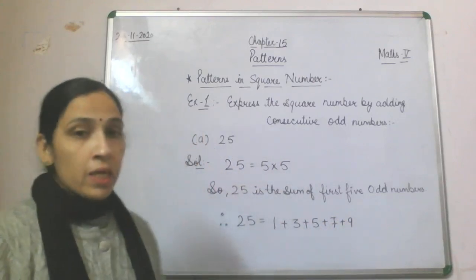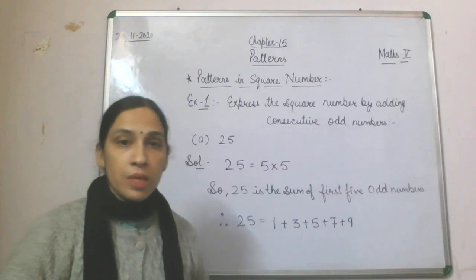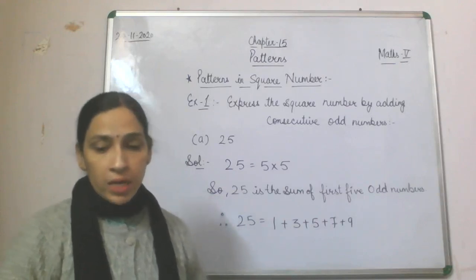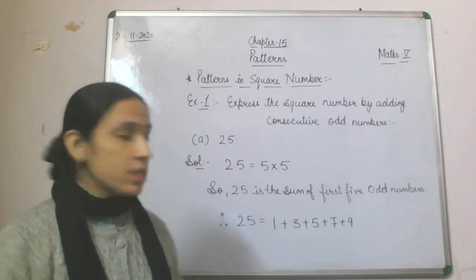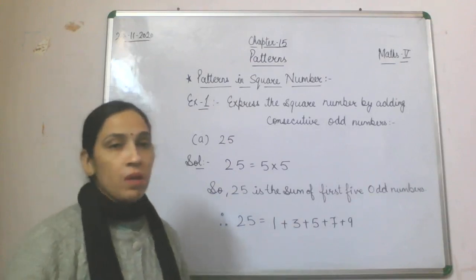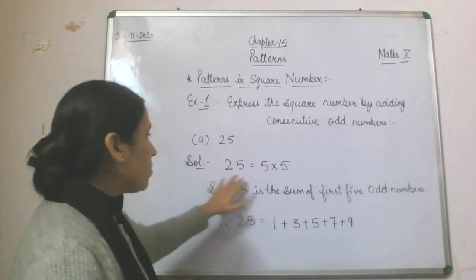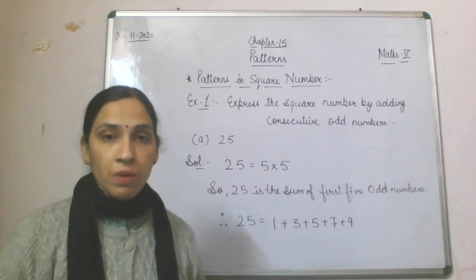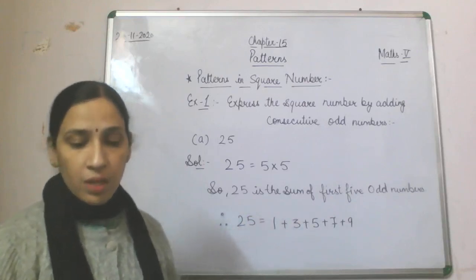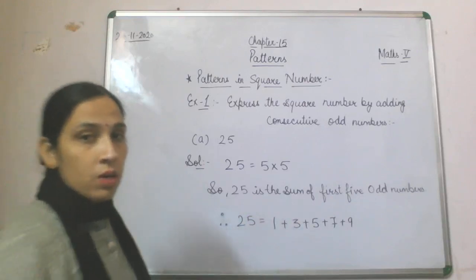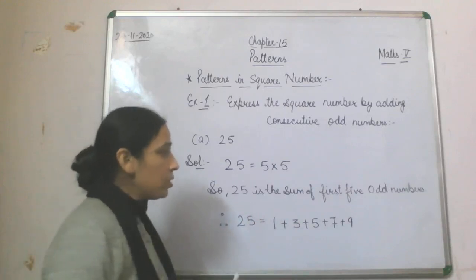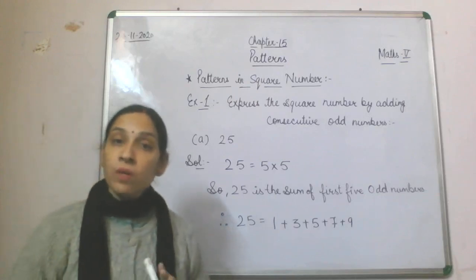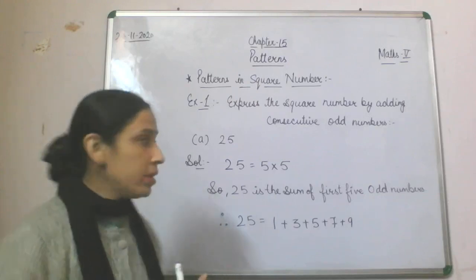So what do you understand? Whatever number's square it is, that will be the sum of that many consecutive odd numbers. See, 25 is equal to 5 multiplied by 5, so 25 is the sum of the first 5 odd numbers. If we have 49, 36 or whatever, like you will see in the next question, if you have 49, then the sum of the first 7 odd numbers will be there.